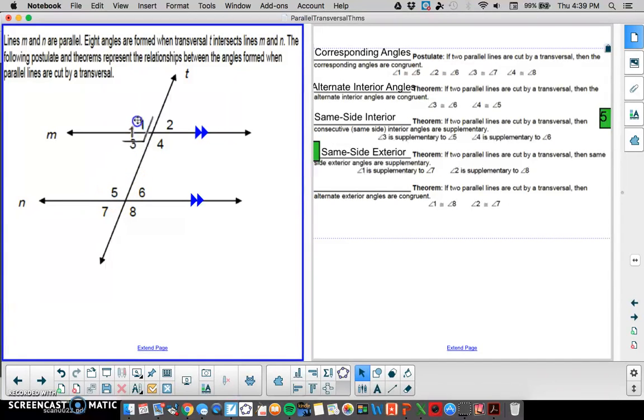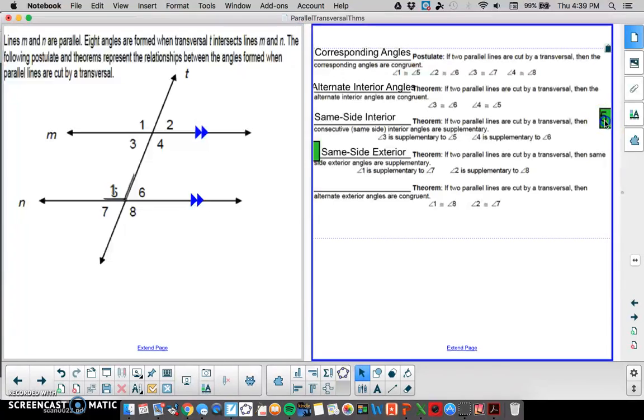I know angle 1 is congruent to angle 5 because of the corresponding angles postulate. But notice how 1 and 7 now make a linear pair. Angles 1 and 7 were same side exterior. So we've shown that same side exterior angles are supplementary.